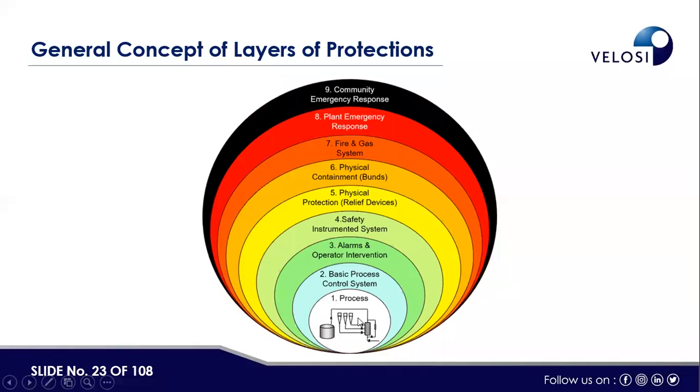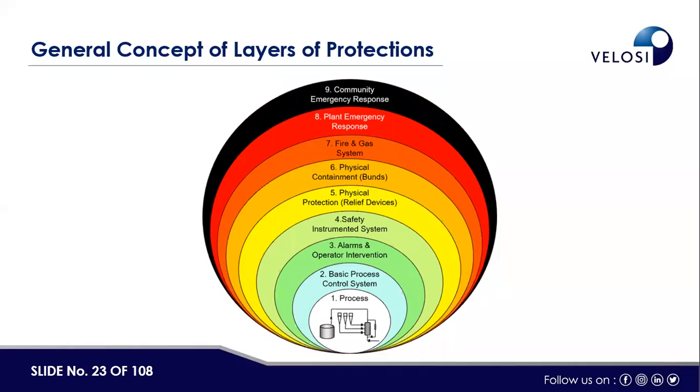Then comes the prevention system, where all the hydrocarbons or combustible and toxic material should remain within the pipes and pressure vessels, and should not be exposed to the environment.